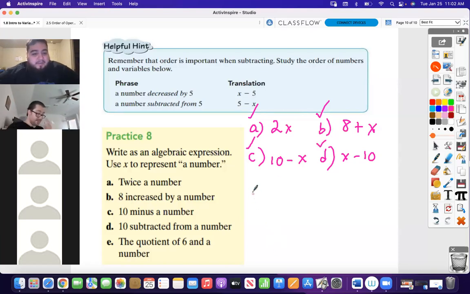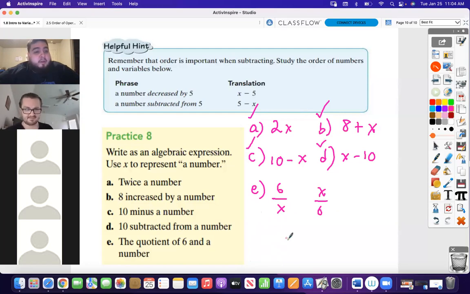Good job. E. Any volunteers for E? Well, I got 2, so either one could be right or wrong. One of the options I thought of was 6 over x or x over 6. Oh, those are 2 different answers. So what do you guys think of Justin's options?